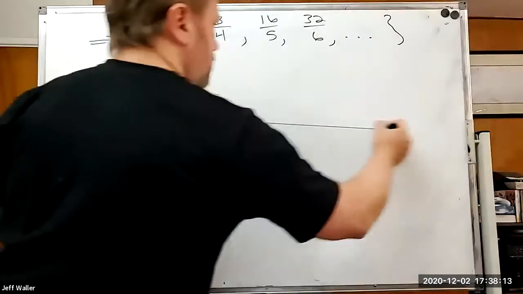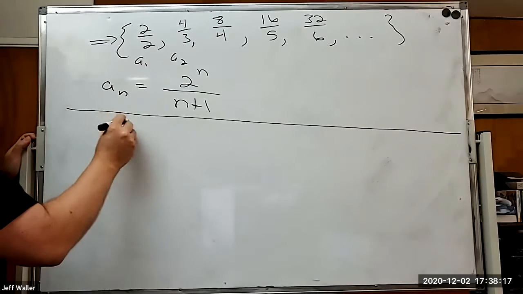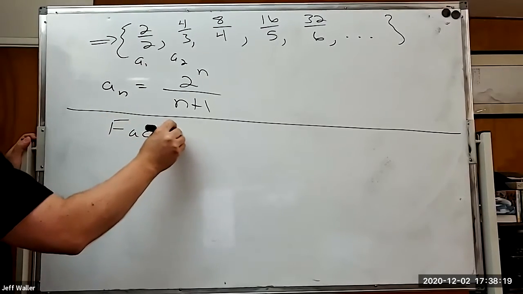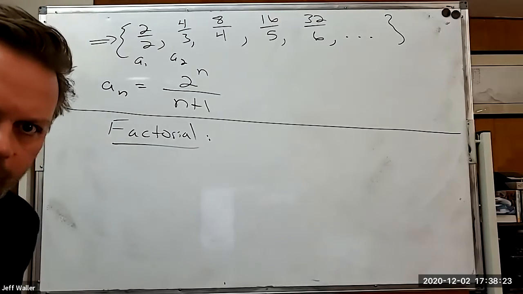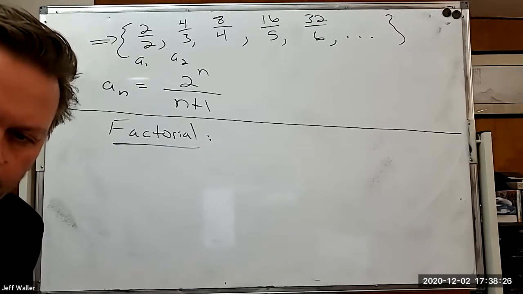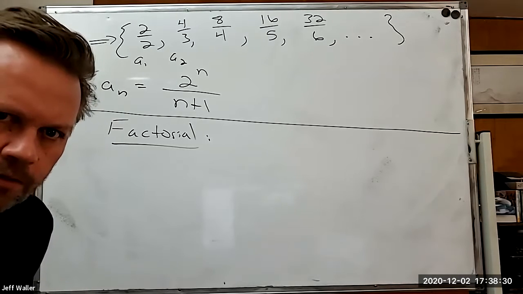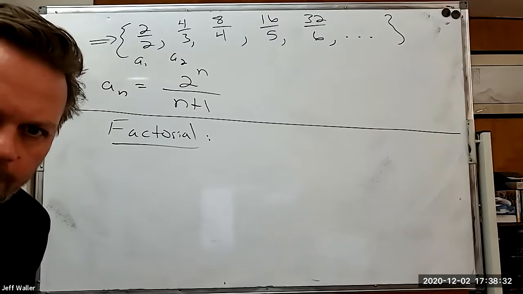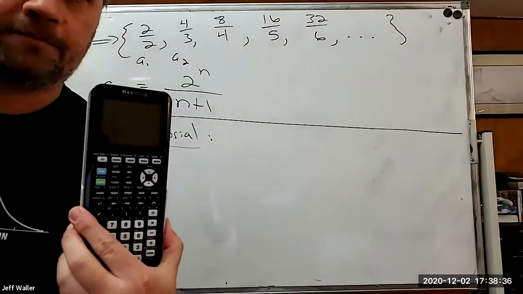Kind of an interesting little side note with sequence stuff is the idea of a factorial. Does anyone know what a factorial is? Anybody ever heard of a factorial before? Has anybody noticed all the punctuation on your calculator?